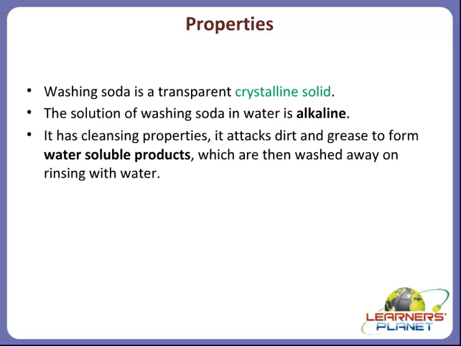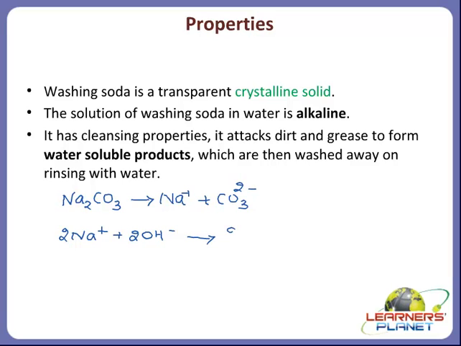Why would it be alkaline, students? I am taking Na2CO3, this is washing soda. How will it dissociate? It will dissociate forming 2Na+ and CO3 2-, right? Now the 2Na+ formed here will react with 2 hydroxyl ions from water and will form 2NaOH.